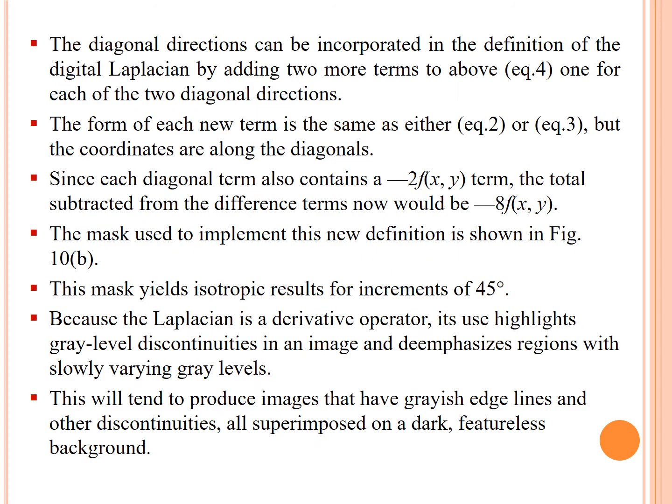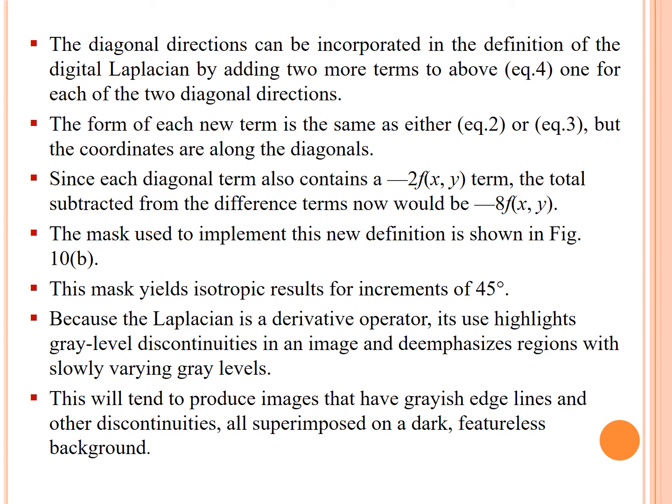The diagonal directions can be incorporated in the definition of the digital Laplacian by adding two more terms to the above equation 4, one for each of the two diagonal directions. The form of each new term is the same as either equation 2 or equation 3, but the coordinates are along the diagonals.